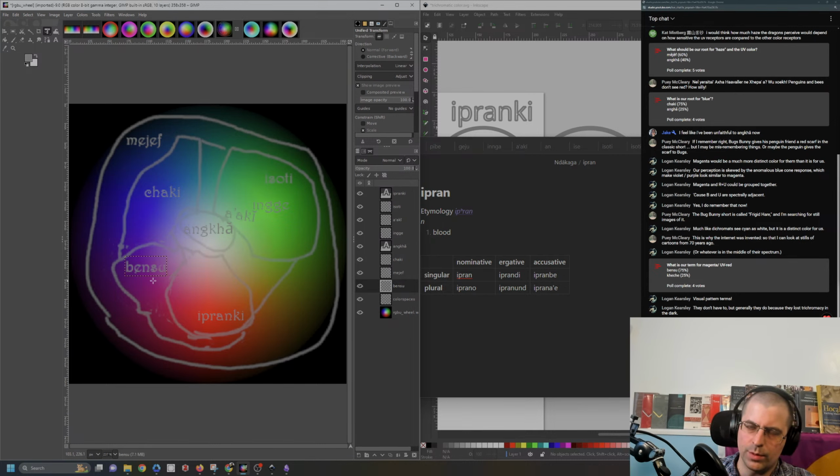So the difference between Bensu and Ipranki will be very strange to humans. Monochromats are rare because color constancy is too useful. Okay. So this is what we've got. Now we could cut this up even further, right? We could have a specific term for UV blue.